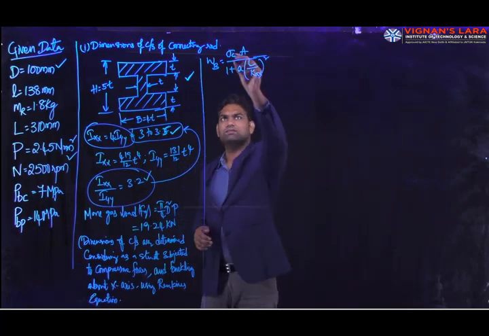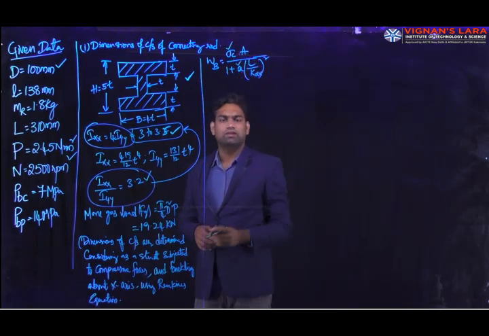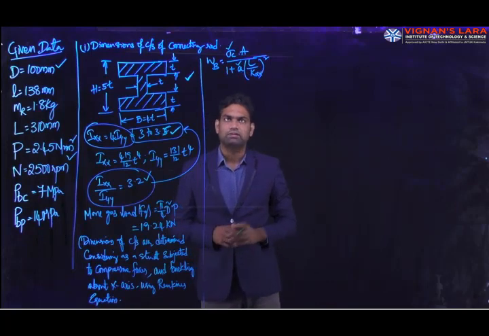Where sigma C and small a, you can take from the data book table, based upon the type of material mentioned in the problem.